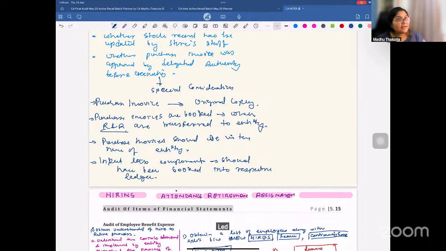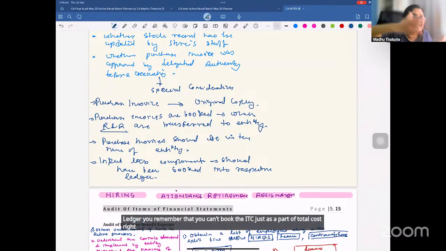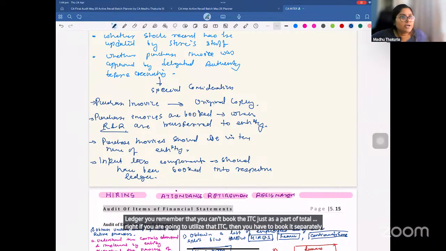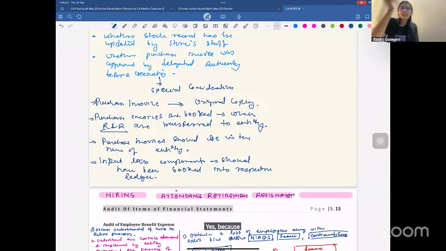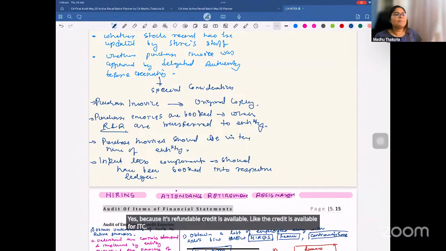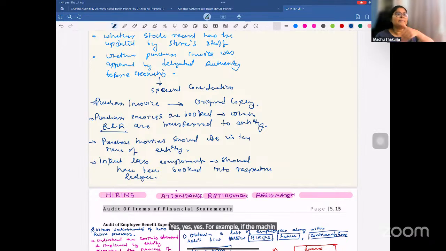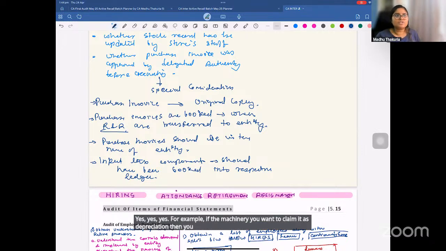You remember you can't book the ITC just as part of total cost. If you are going to utilize that ITC, you have to book it separately. You can't just add it into your total purchase cost, because the credit is available for ITC. For example, if it is machinery on which you want to claim depreciation, then you book the entire cost of that machinery as purchase amount.